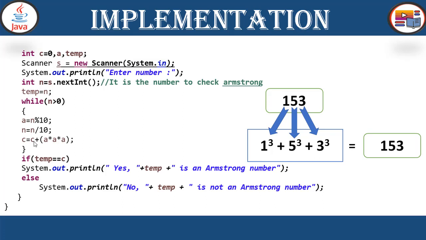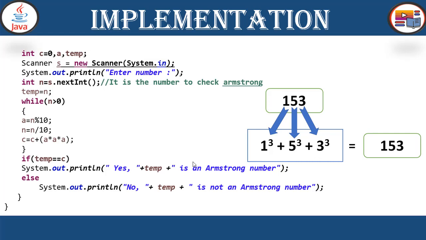In the end you will get the sum of the cubes of all the digits, which is saved in c. So temp is the real number and c is your sum, and if they are the same, then it is an Armstrong number. This is a very simple algorithm and its implementation in Java.